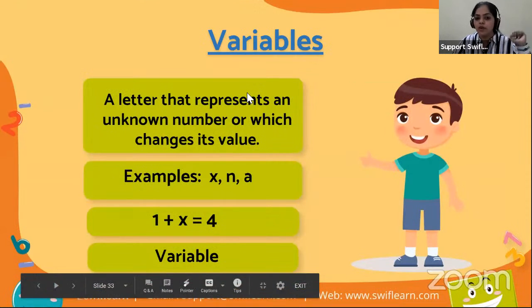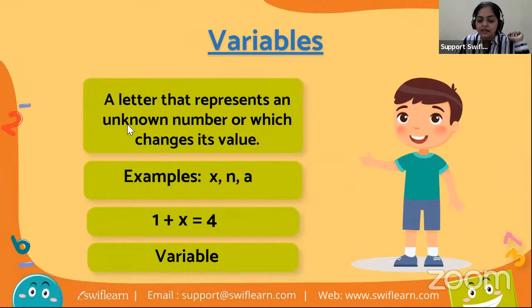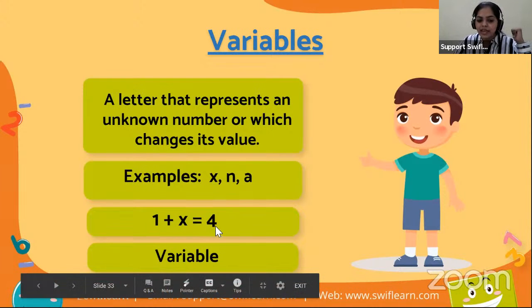So here, a variable is a letter that represents an unknown number or which changes its value. Variables start from letter A till Z. We can take any letter as a variable. So here, 1 plus x is equal to 4.